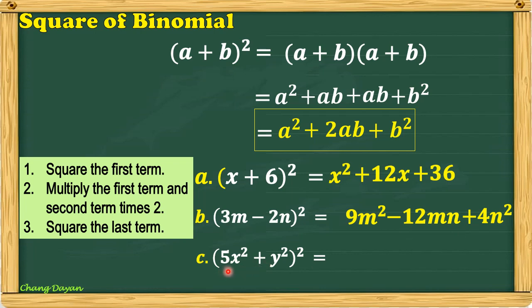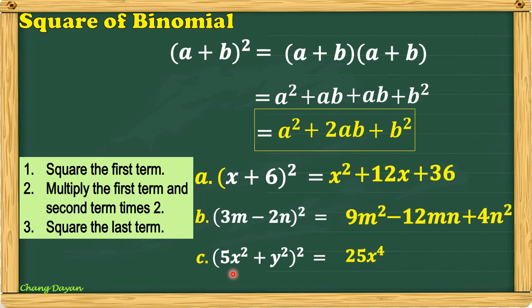Now let us have the square of 5x squared plus y squared. Again, square 5x squared. 5x squared times 5x squared. 5 times 5 is 25. And then add the exponents 2 plus 2, and we'll give you 25x to the fourth. Next, multiply the first term by the second term times 2.